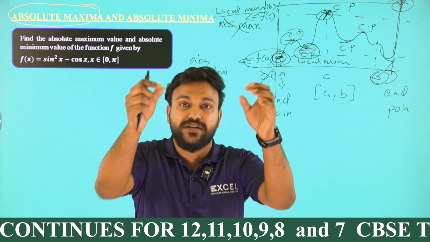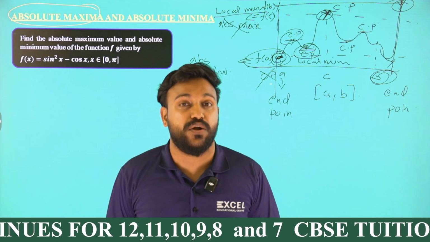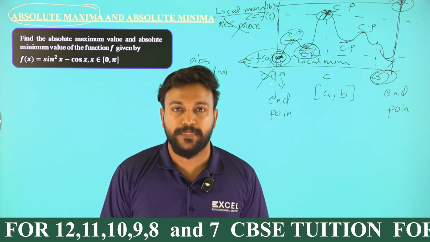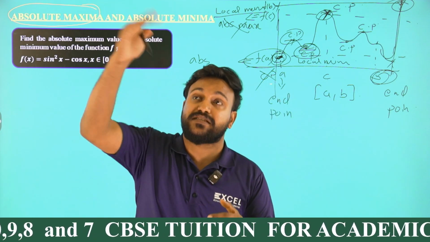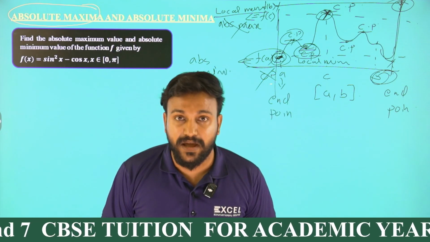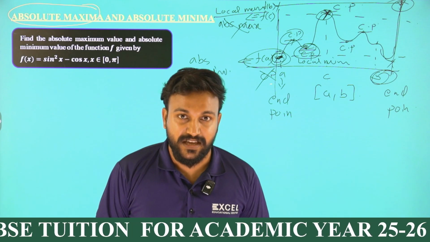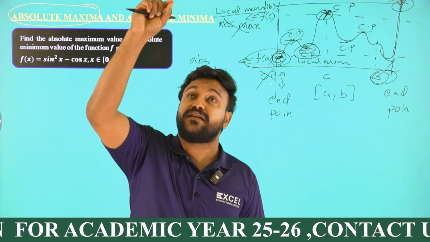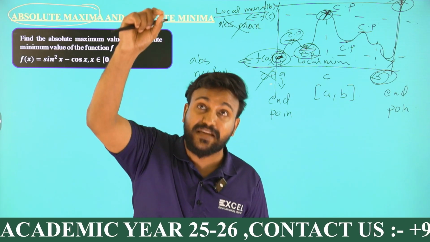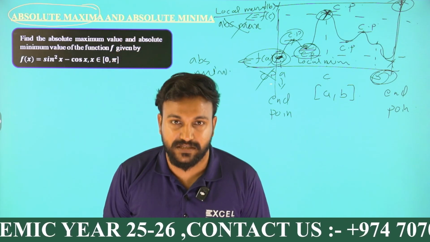If the point is a critical point, then only we can call it local maxima or local minima. If a point is not a critical point but is the maximum one, we can call it absolute maxima but not local maxima. If a critical point is the maximum of all, then that critical point is local maxima as well as absolute maxima.